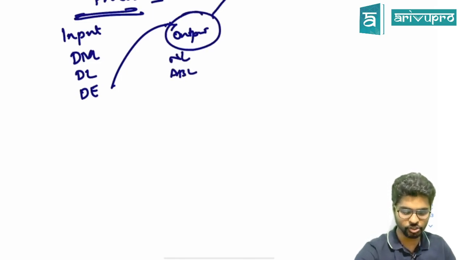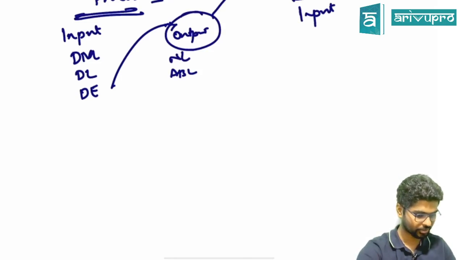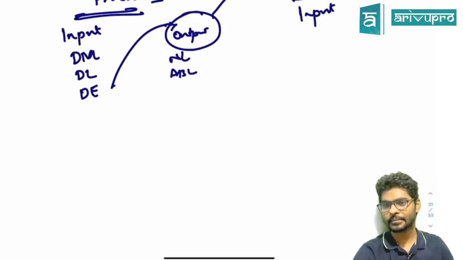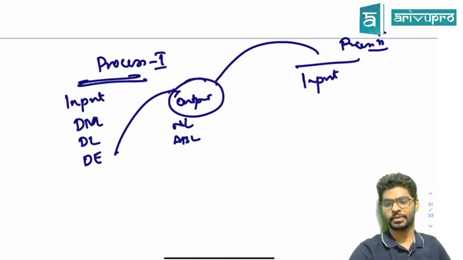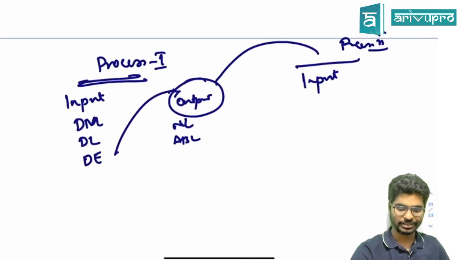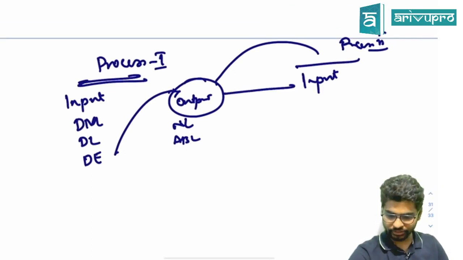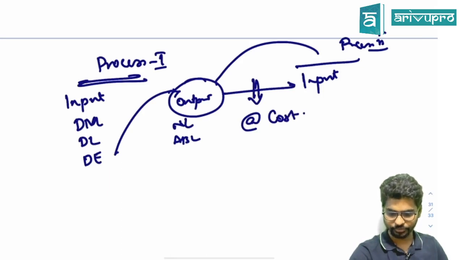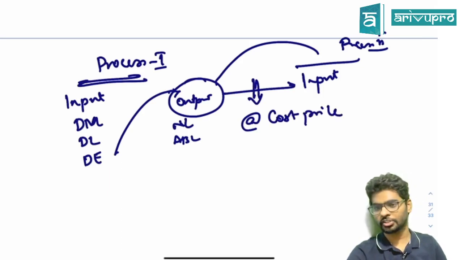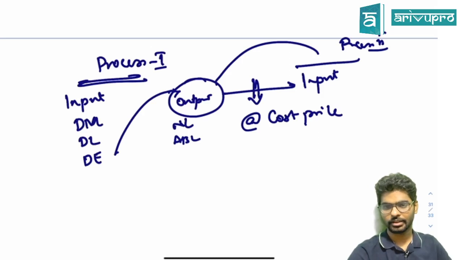This output used to become my input for the next process, that is process 2. Correct? Guys, yes or no? Right? Now, when we were doing this, we were transferring to the next process at cost price. Okay, clear till now?